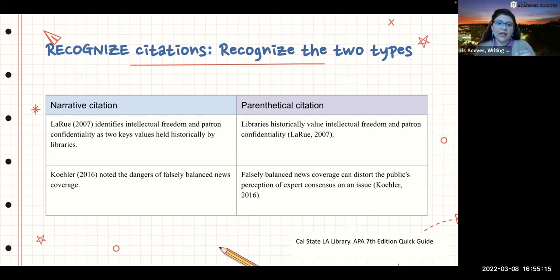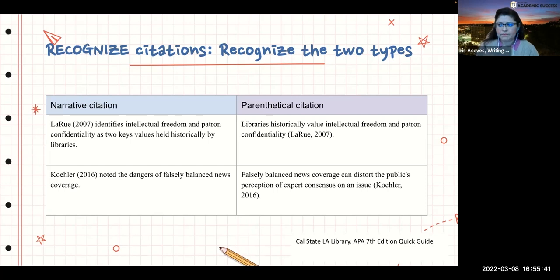So in this way, you've read an entire research paper, and the big idea that this author has is that libraries are going to protect the privacy of the people who visit libraries, right? And you want to say that in your paper, and this is one of the ways that you can say it, through a narrative citation where you bring the author and the year into the sentence.